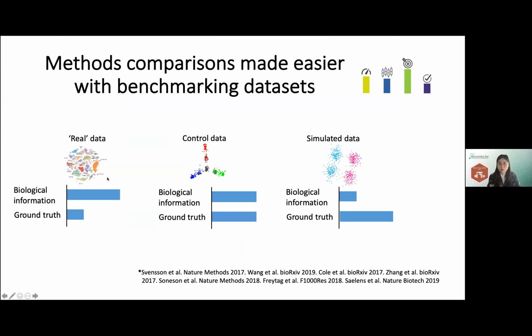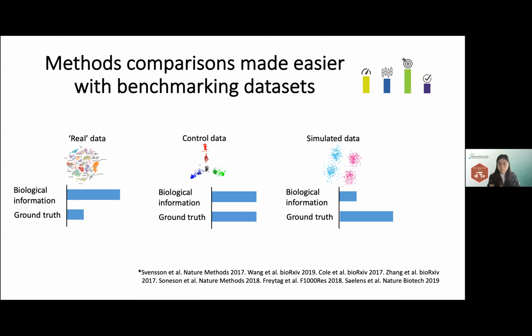It would be actual sequencing of a real sample, which is what we usually see in a research paper. It will contain much biological information, but it would be extremely difficult to know the true ground truth. Whereas for simulated datasets, the underlying logic would always be mathematical models, and we usually add the truth to them ourselves, so we know the truth exactly, but they will be less similar to the real datasets.